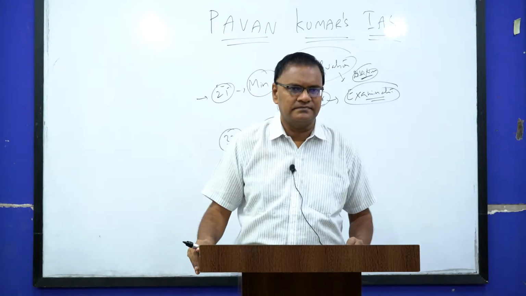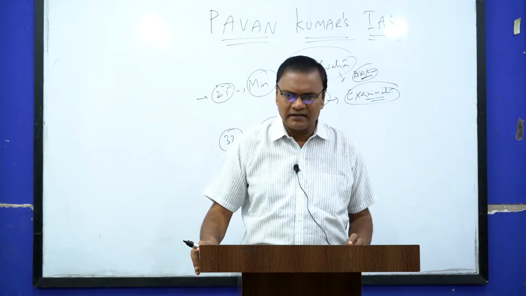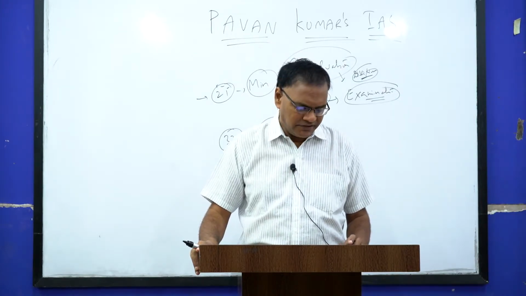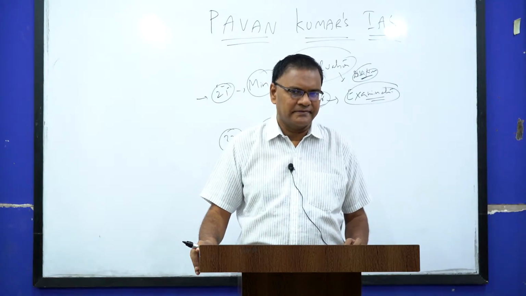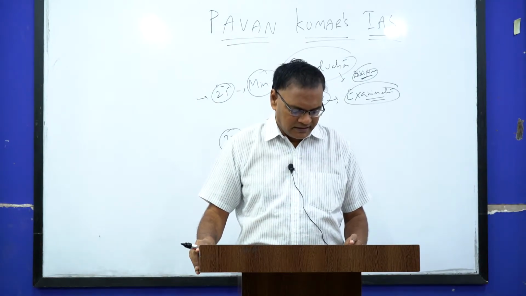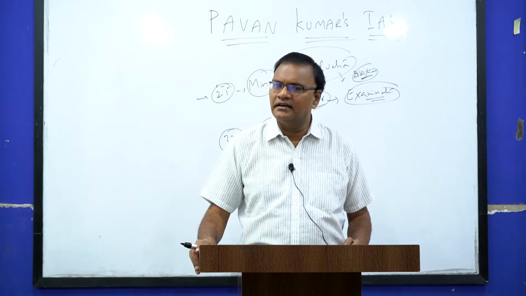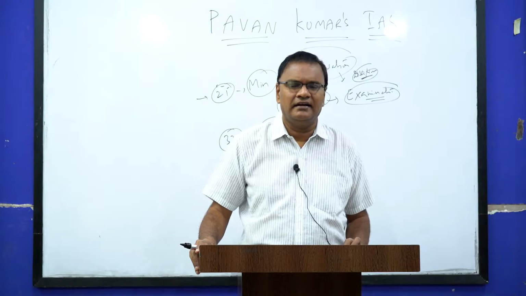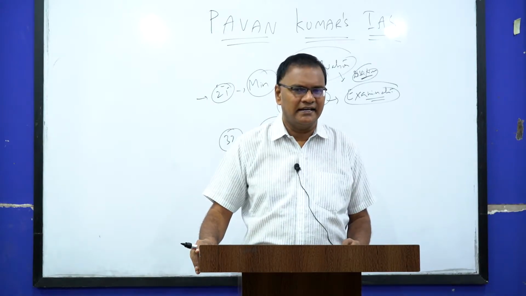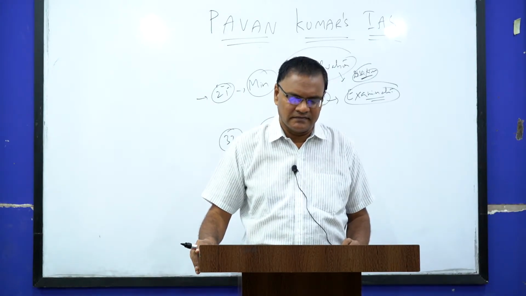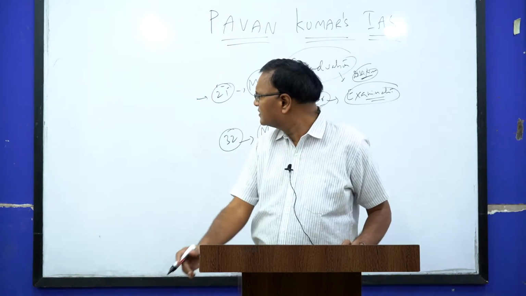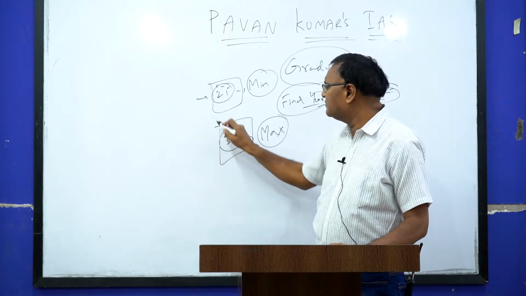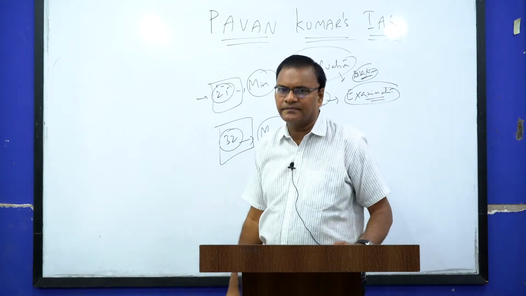Age relaxation is provided for other backward castes, OBCs, then scheduled castes, scheduled tribes, and also for people from the army and differently abled persons. Otherwise, the minimum age is 21 years and the upper age limit is 32 years.